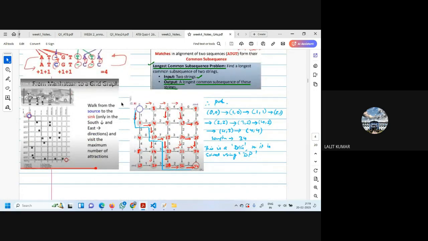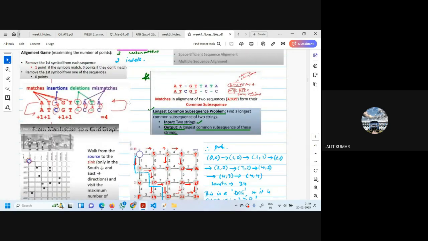And the professor also covered that this sequence matching, or finding the longest common sequence problem, can be solved by dynamic programming. And he drew the parallel by giving the example of finding the longest Manhattan distance, and Manhattan distance can be found using DP only. And the motivation for dynamic programming had also come from the Manhattan distance only.